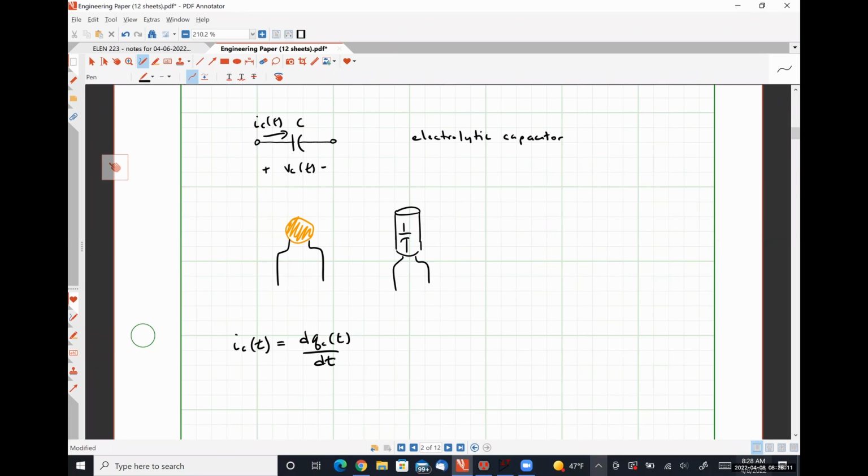The only change I've made here is using the subscript C to denote the current flowing through a capacitor, which is the derivative of the charge stored on the capacitor with respect to time. Since charge in a capacitor is related to voltage, this simply becomes C dV by dt.